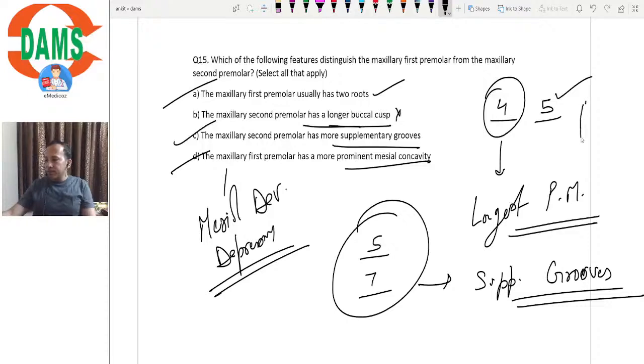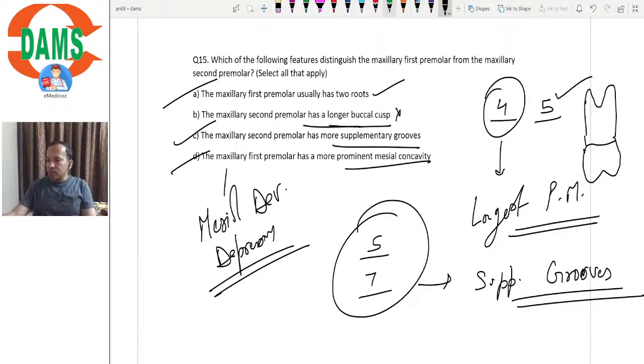So let's say this is the root, and then this is the crown.